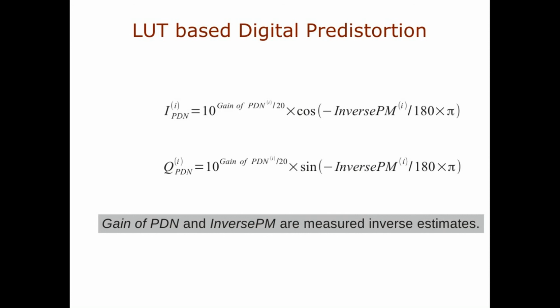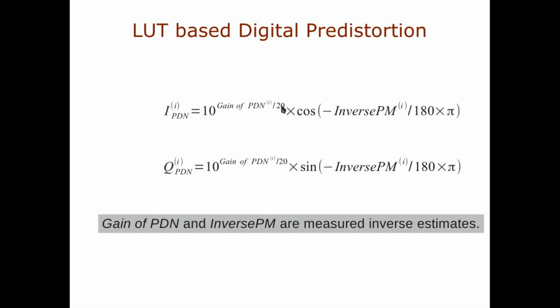So basically the pre-distortion in the digital domain is implemented using a lookup table. This lookup table stores the value of the I and the Q distortion separately, where I represents the I channel and this is the pre-distortion network. The ith symbol that is going to pass through this is going to be given this factor, which is 10 raised to the gain in dB divided by 20.